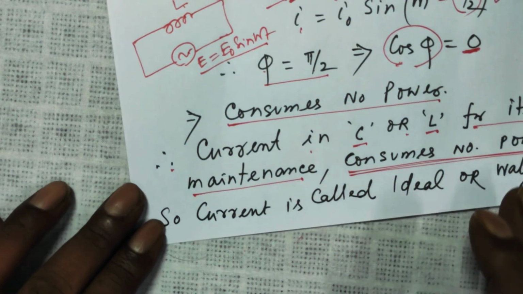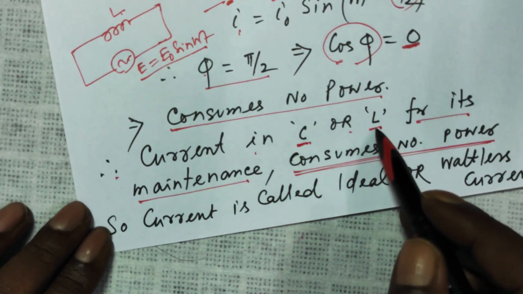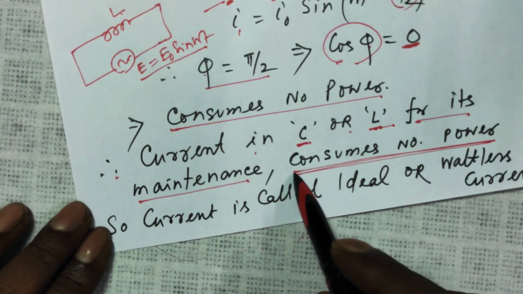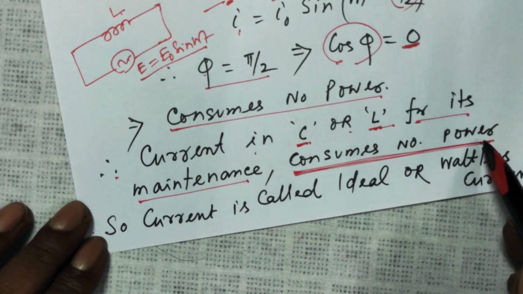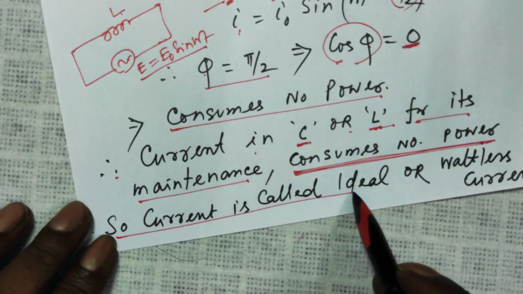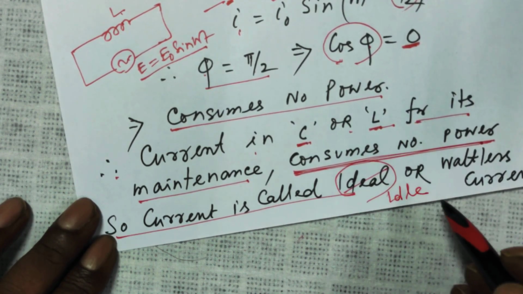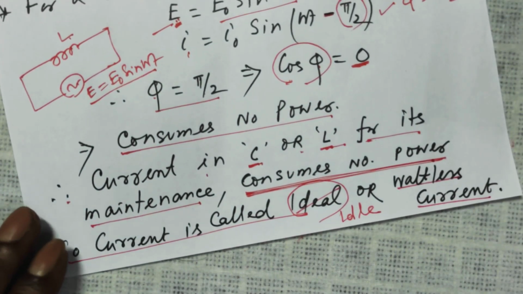So to maintain the current in a circuit containing C or L, the capacitor as well as the inductor don't consume any power. Such a current is called idle current or wattless current.